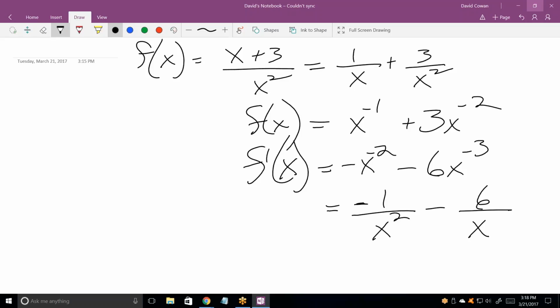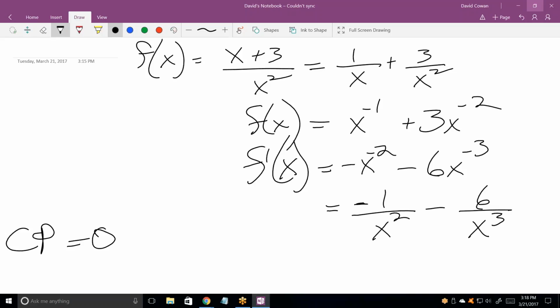And this also tells us x cannot be 0. And so we know instantly that a critical point is 0.